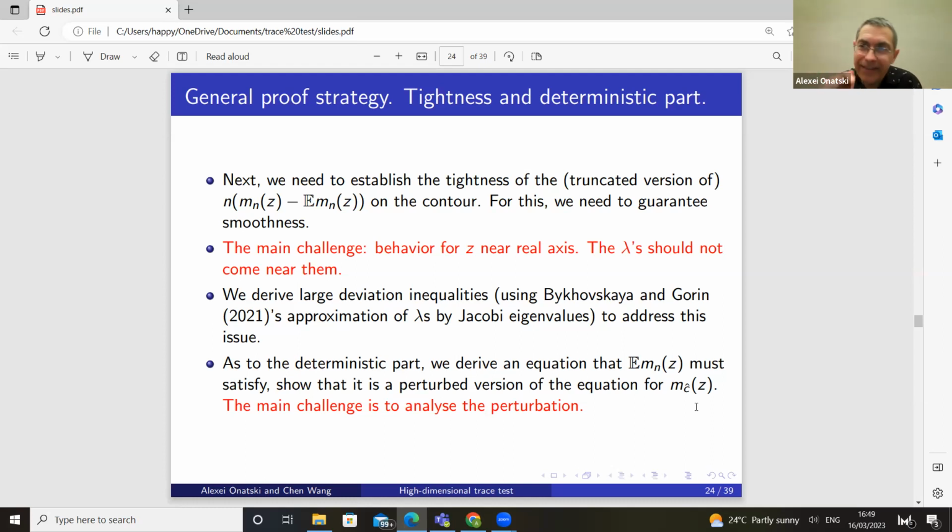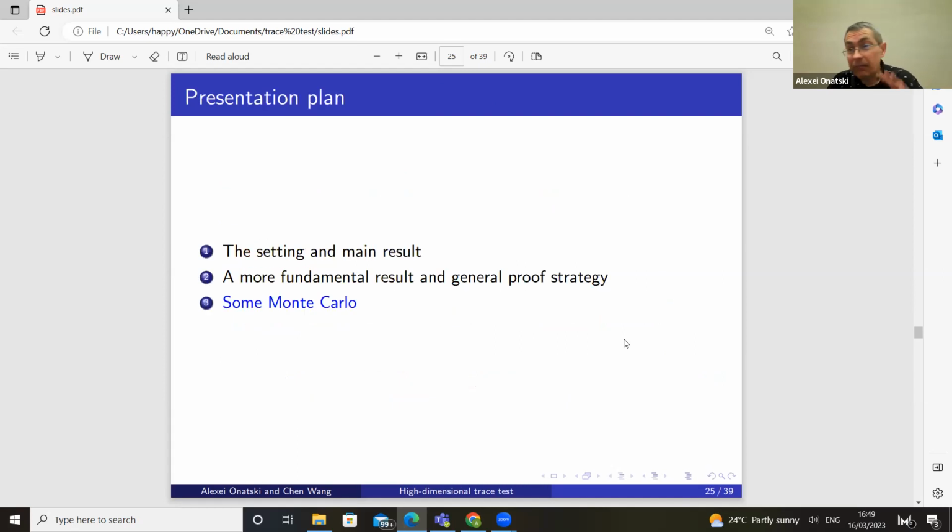When I'm analyzing that difference, I'm again using this tool of knocking out epsilons and comparing results with and without knocking out epsilons. So it's a long process, unfortunately, which I cannot really describe very quickly here. But let me now show some nice pictures.